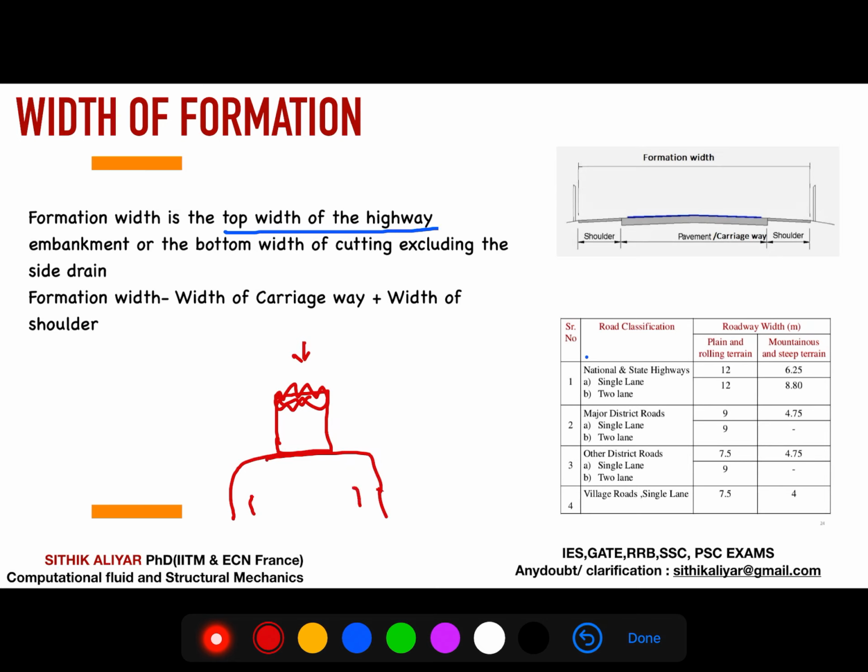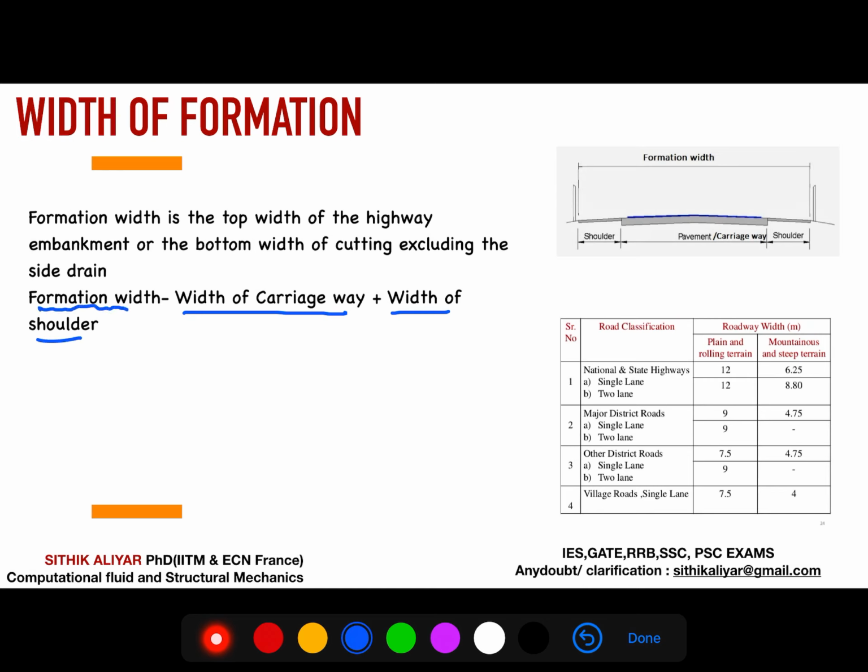Consider anybody's head. If this is the carriageway, this is the shoulders. So in this concept they have named 2 shoulders, on the right side and the left side. Adding the width of the carriageway and the width of the shoulders will give you this formation width.